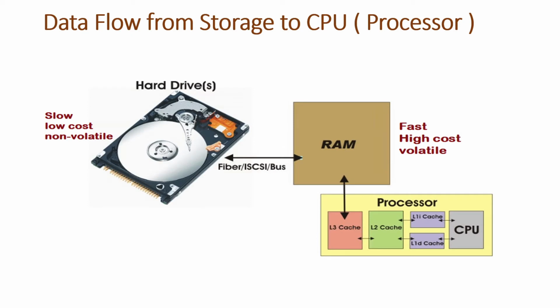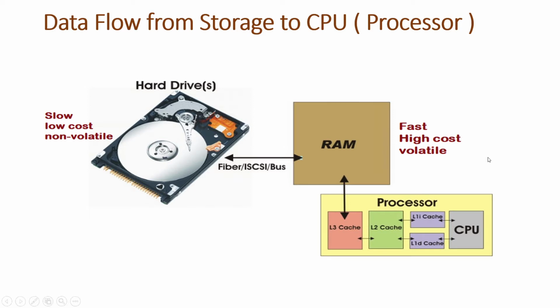This is a simple diagram of data flow from a storage to CPU. When I'm saying storage to CPU, I mean from hard drive to RAM to processor. Okay, so everyone, I believe, is familiar with this set of systems that you are looking at.